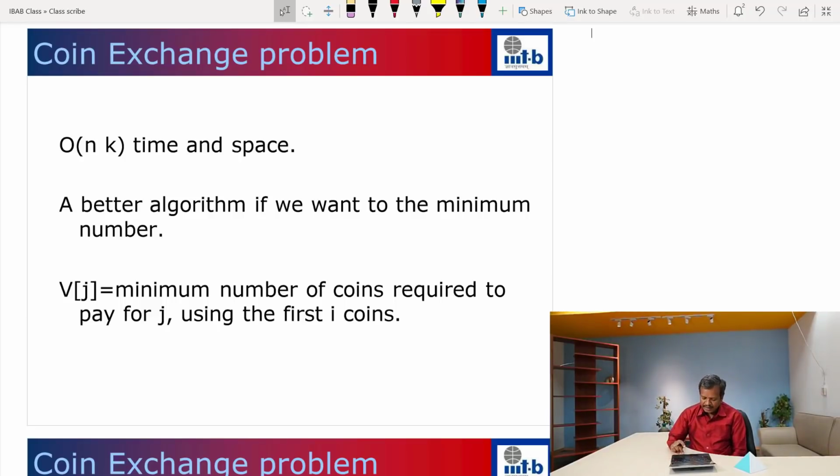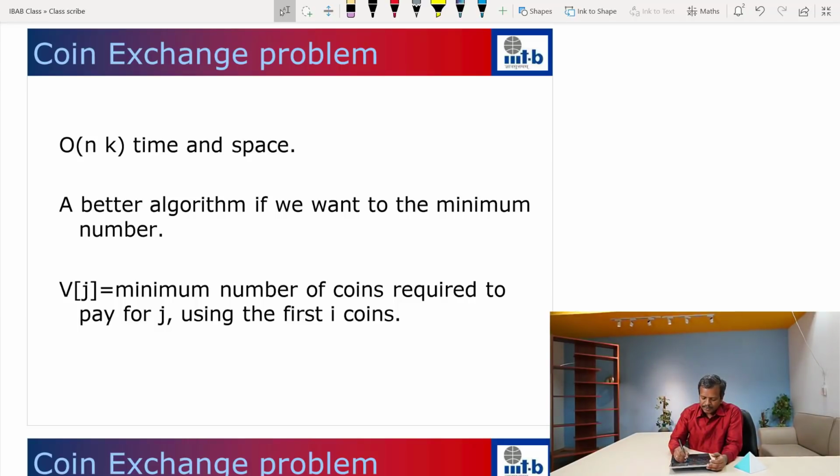So what really happens in this case is that we will not maintain k number of rows, we will just maintain everything in one row. So let's look at this example. I have to maintain v of j, which is initialized to v of j is equal to j itself, because in the first iteration I'm going to only use the first coin.